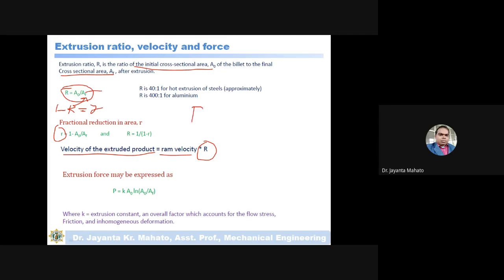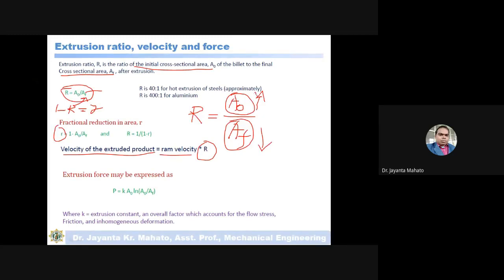So R is the extrusion ratio, R is A naught divided by A f. R will be more when A f is less and A naught is more.